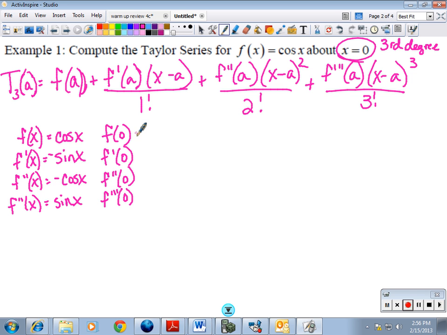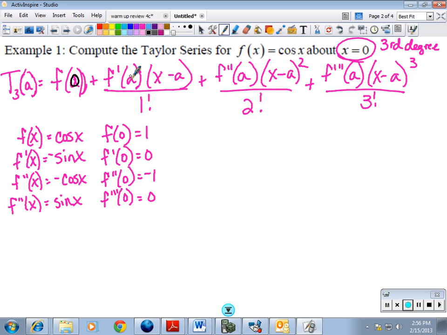Well, f of 0, cosine of 0 is 1. F prime of 0, sine of 0 is 0. Negative cosine would be negative 1. Triple prime would be sine of 0 is 0. And now I'm just going to fill them into my formula. Everywhere there's an a, I'm using a 0.